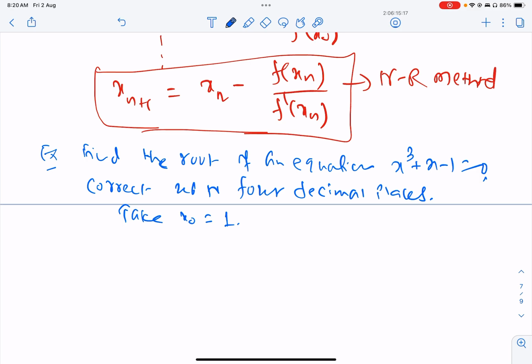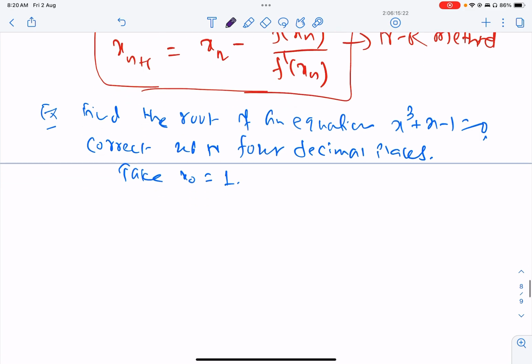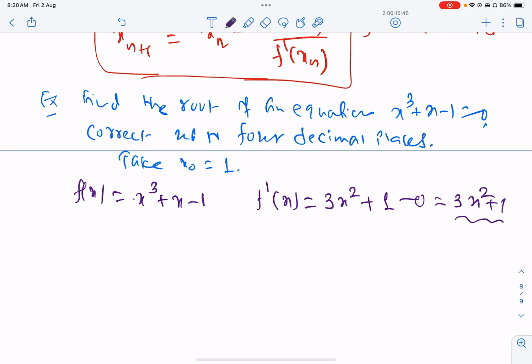So you are given, you take x0 is some value. So let f of x be equal to x cube plus x minus 1. Now what is f dash x? It's the derivative of x cube, that is 3x square, derivative of x is 1 and derivative of 1 is 0. So we have 3x square plus 1 as the f dash x.